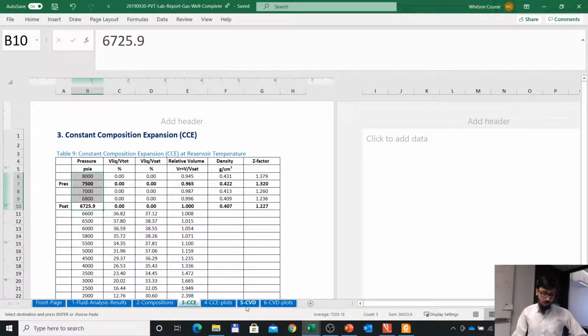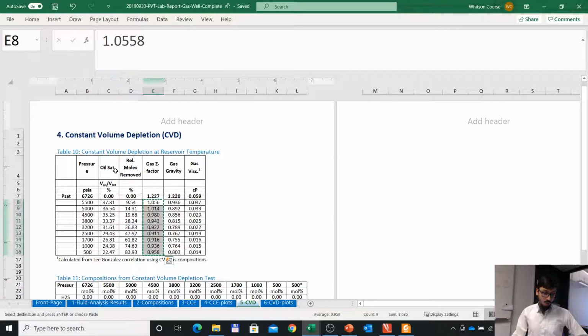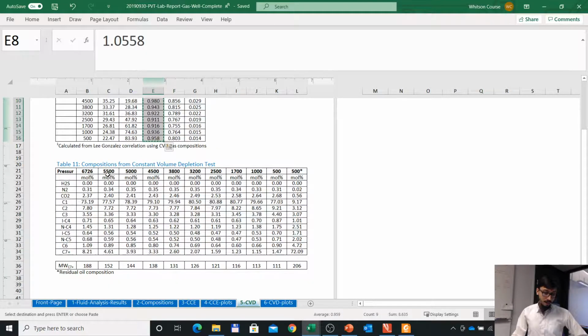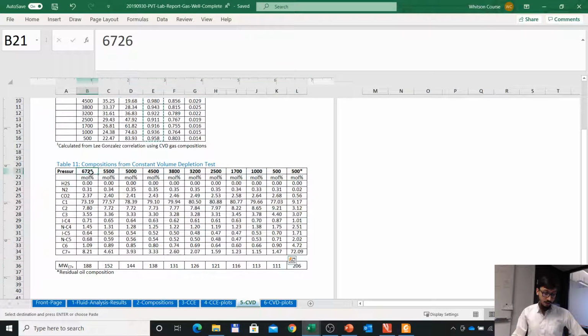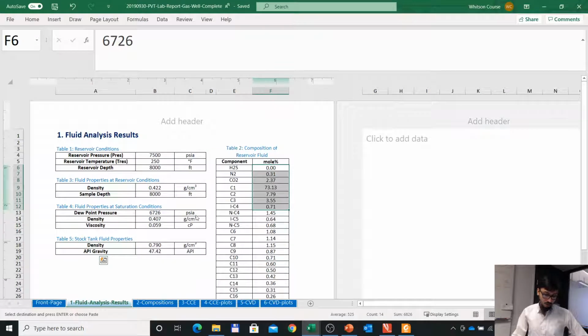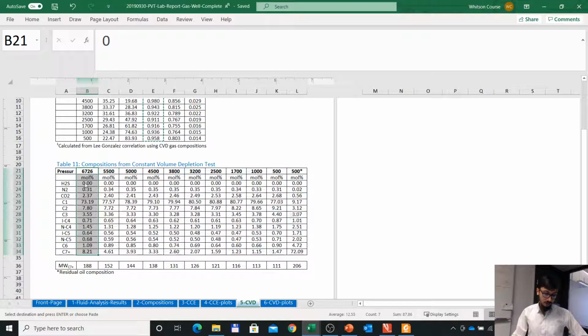And in the CVD, the total composition, the gas composition, is changing at each pressure, which is reported by the PVT lab here. And this is the composition at the dew point. It should be the same composition that is given here, or it should be very similar.